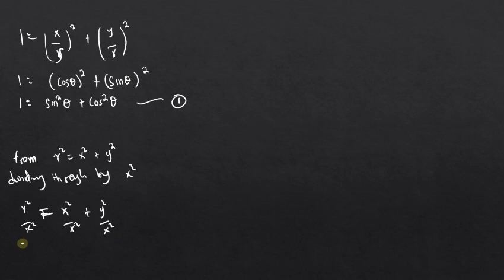Now let's see which of the trig ratios match this. From here we have r over x. Do we have x over r? We have r over x, so that's like the inverse.